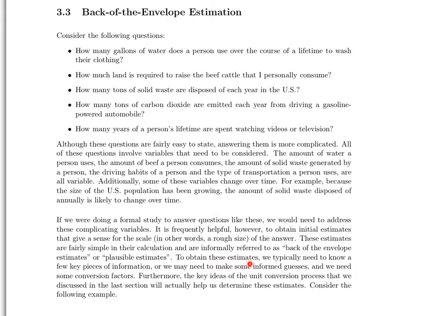To obtain these estimates, we typically need to know a few key pieces of information, or we may need to make some informed guesses, what we might also call assumptions, and we need some conversion factors. Furthermore, the key pieces of information that we learned in the unit conversion process will actually help us determine these estimates.